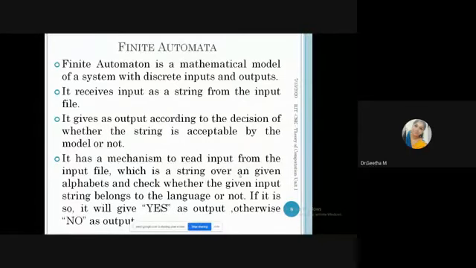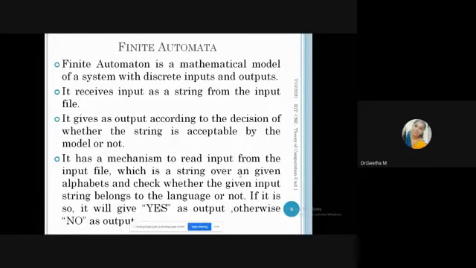Then the last point, what is the mechanism it has to follow? It has to verify whether the given input strings belong to the language. Now you know what a string is, what a language is. If the strings belong to the language, it will give yes as output.